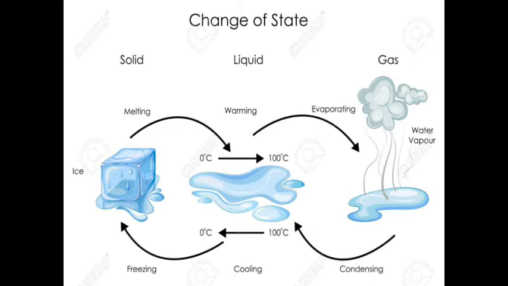Next is change of state. From 6th standard, you know what change of state is and what the three states of matter are: solid, liquid and gas. Here, ice is given as the example for solid, water for liquid, and for gas, water gets evaporated. So when ice turns into water, that is solid turns into liquid, that process is called melting.